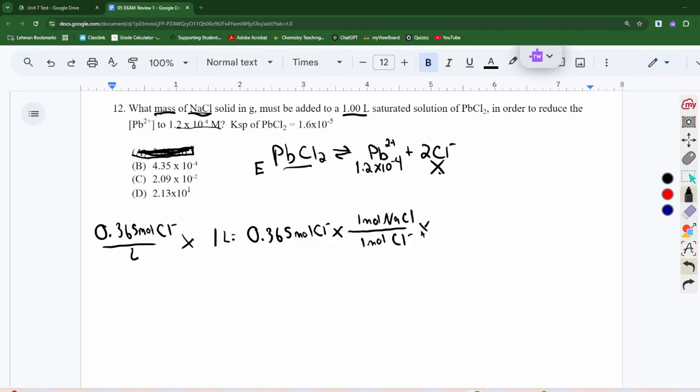So we can convert from moles to mass very easily by saying for every 1 mole of sodium chloride, I have 58.43 grams of sodium chloride. That's just the molar mass, right? We multiply that out. We are going to get 21.32 grams of NaCl. And that is answer choice D.